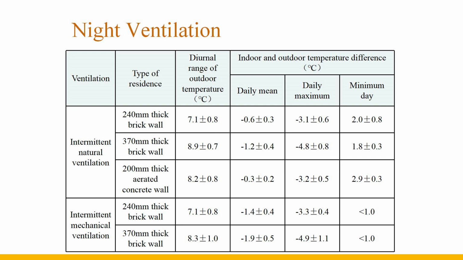It can be seen from this table that in areas with a daily difference greater than 7 centigrade, the effect of nighttime ventilation is very good. The average indoor temperature and maximum temperature are significantly lower than those of the outdoor, and the effect of mechanical ventilation is better than that of natural ventilation.